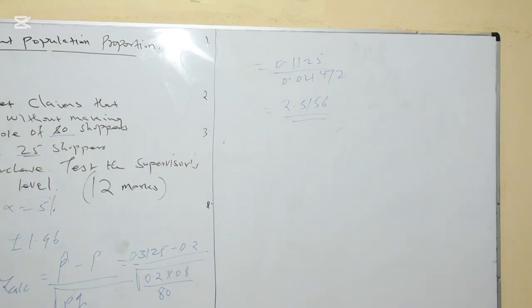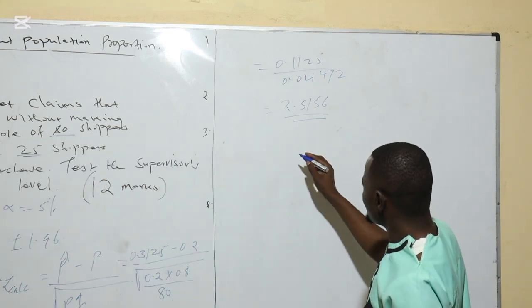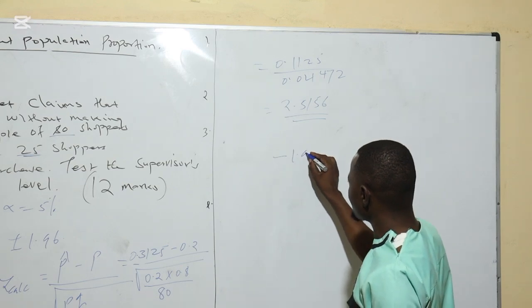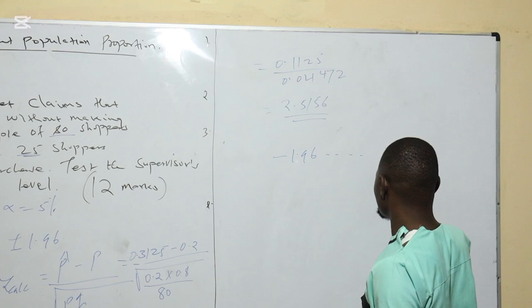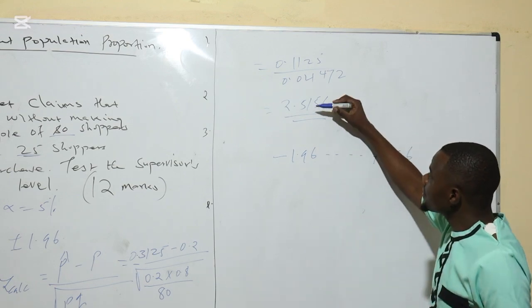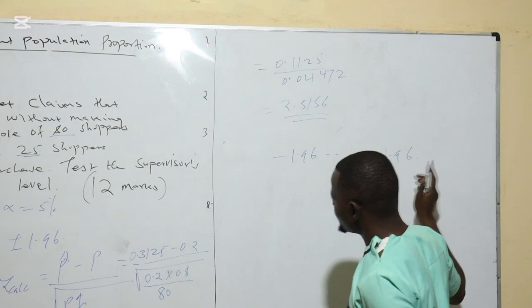So let's look at that value. Is it falling in the acceptance region or rejection region? Remember, my critical value was minus 1.96 all the way to positive 1.96. So this value is outside, so it is in the rejection region.